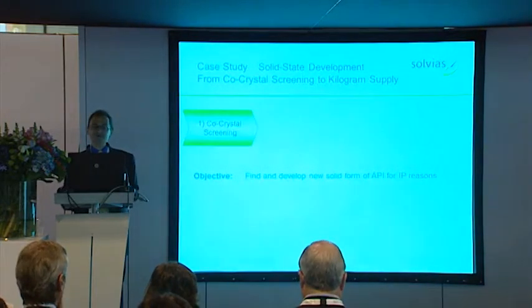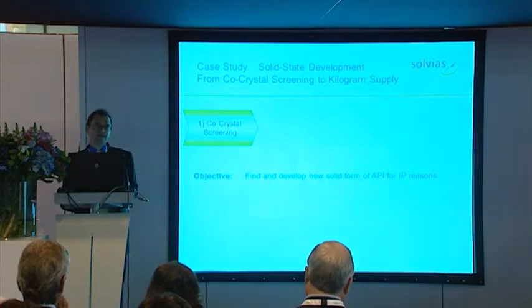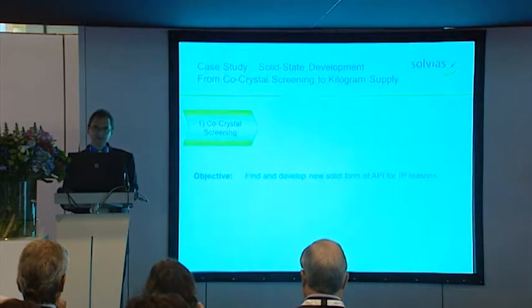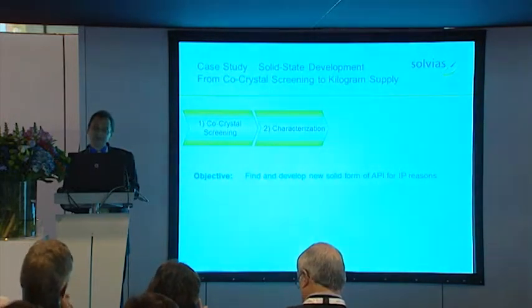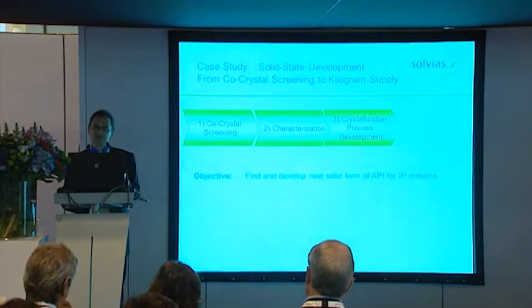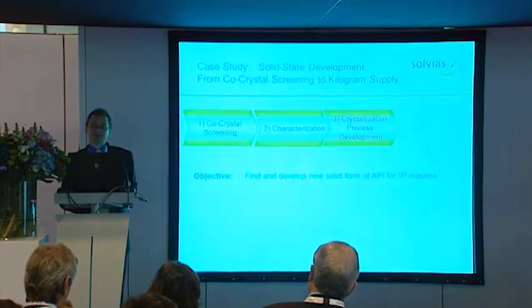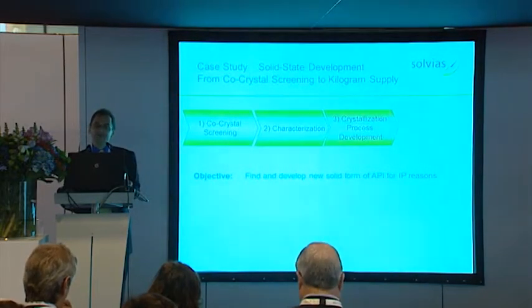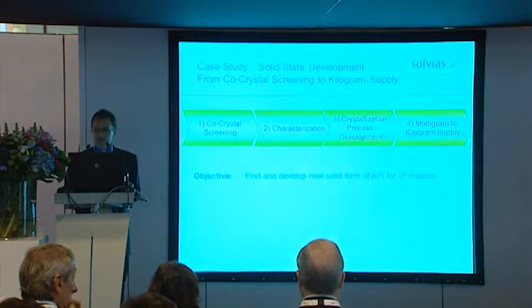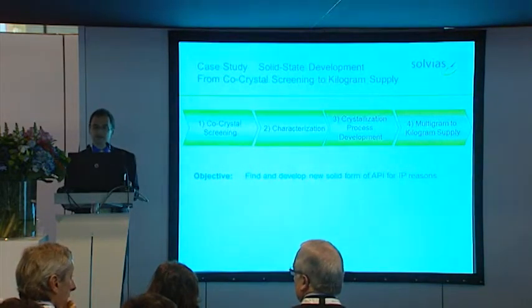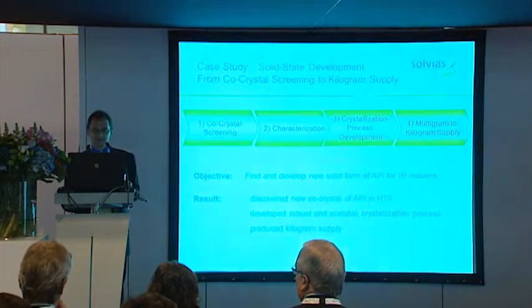So we did a co-crystal screening, trying to find new co-crystals of the API. After that, we did characterization of the co-crystals. We found a good co-crystal. We developed the crystallization process for that co-crystal, and we made multi-kilo amounts under GMP of that desired co-crystal.